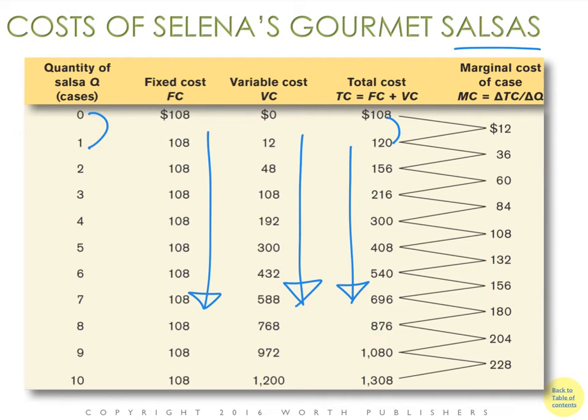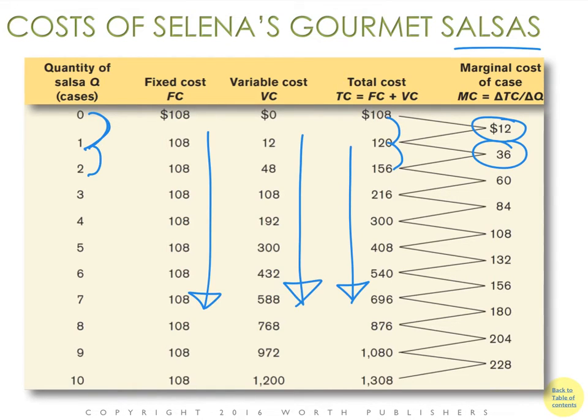So this increase of $12 from 108 to 120 divided by 1, that's $12 for the next case of salsa. Going from 1 to 2, total cost increases by 36, so 36 divided by 1, and on and on.